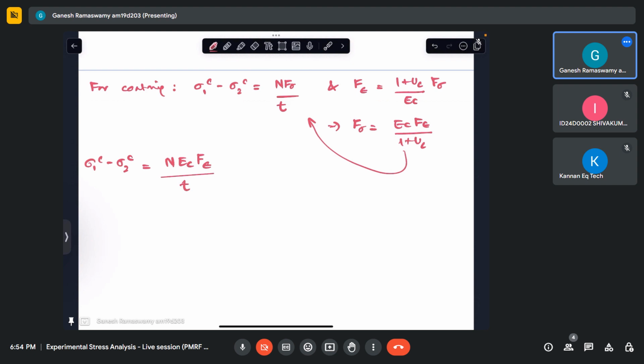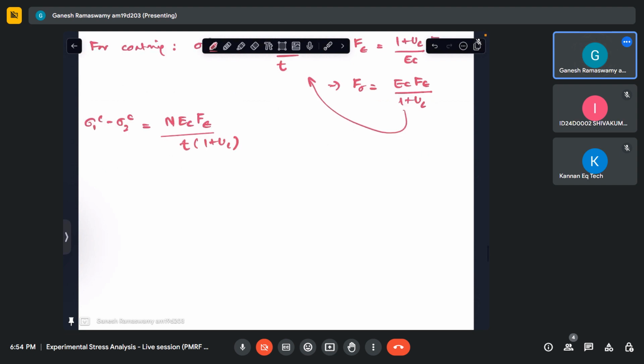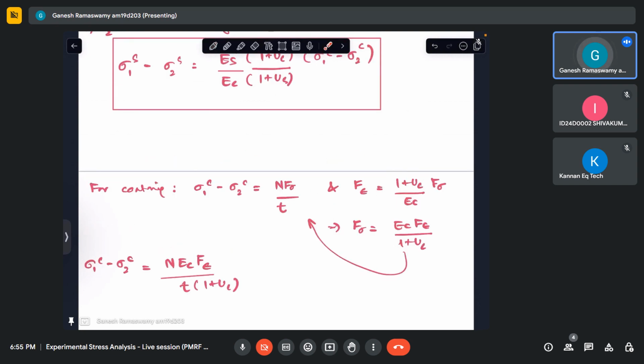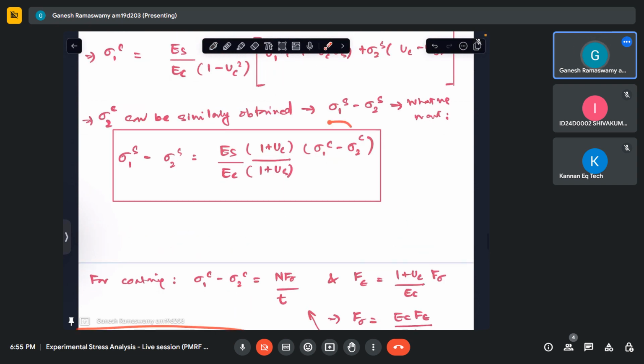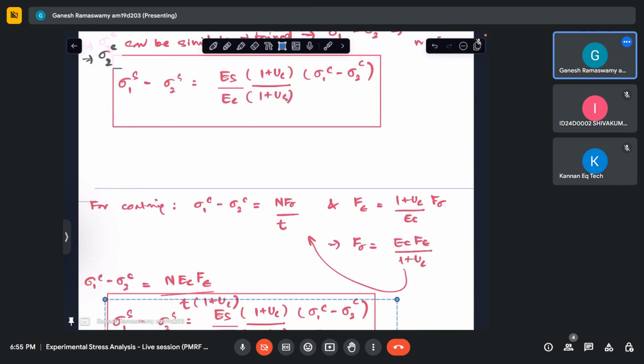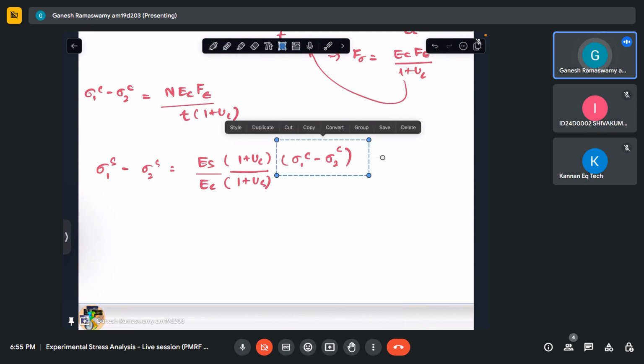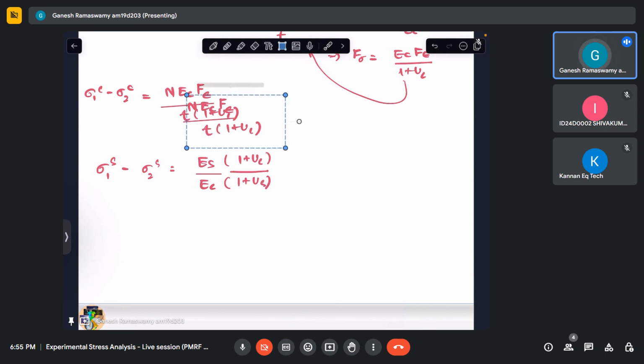Now let me go ahead and substitute this quantity, whatever we have got here, in place of this. So instead of this, I will have this quantity here. So what does this give me? Sigma 1s minus sigma 2s gives me Ec and Ec cancel out, and then these two things cancel out.